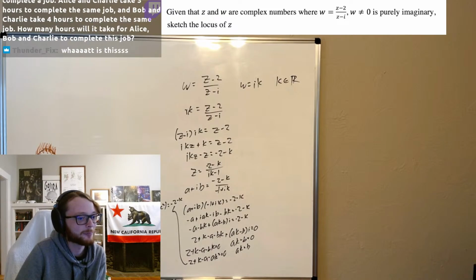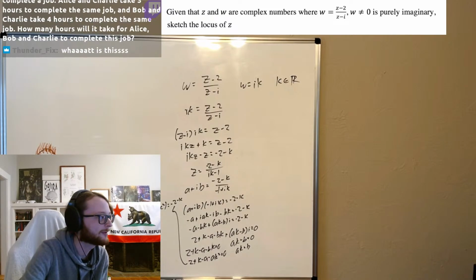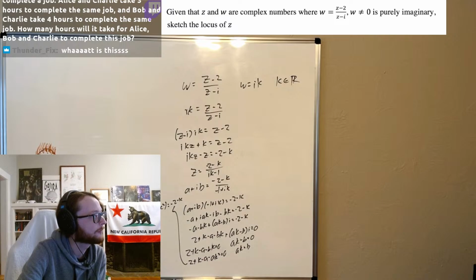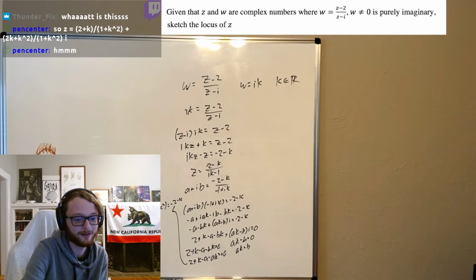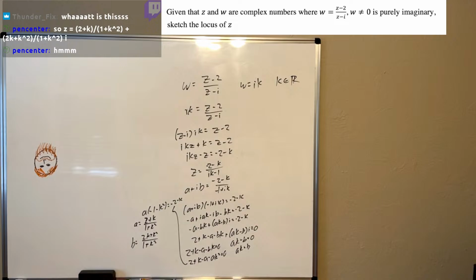I'm just blindly following what Penn Center and Storm were saying, but this problem got lost on me a while ago. We have an answer for z, it's just in terms of k, and I don't know what we do with that k. 2 plus k over 1 plus k squared plus, yeah, Penn Center, I agree with that. K is given.